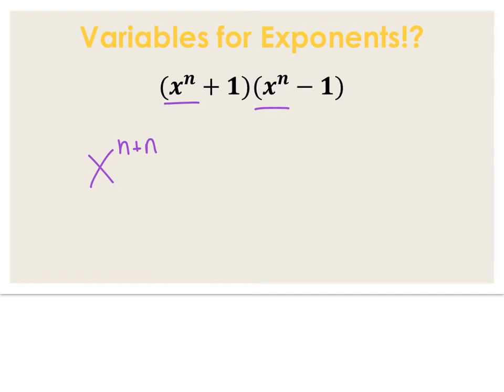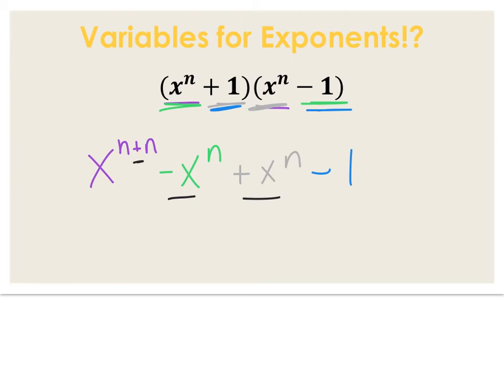So first times first, and then we've got to do our outer piece. X to the n times negative 1, which is negative x to the n. Inner, that's positive x to the n. And then last, 1 times negative 1 is negative 1. I'm going to combine my like terms and add my exponents together.